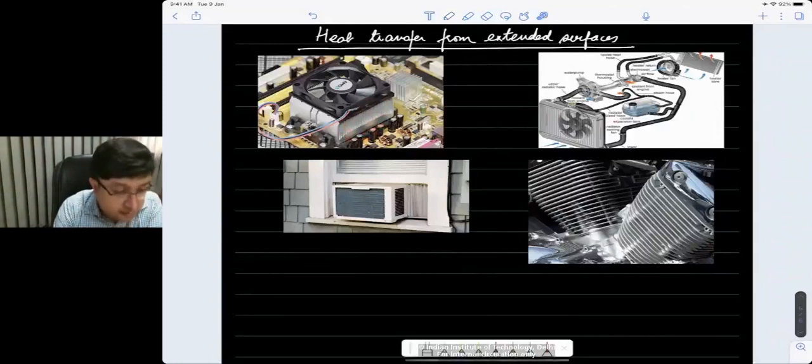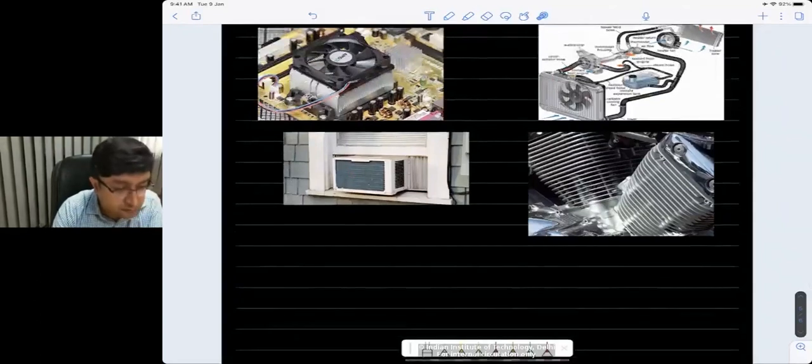The second is a car radiator. You have a rather hot coolant, which is brought into a radiator where a fan blows air over the outer side, so the coolant is cooled down and then sent back to the engine.